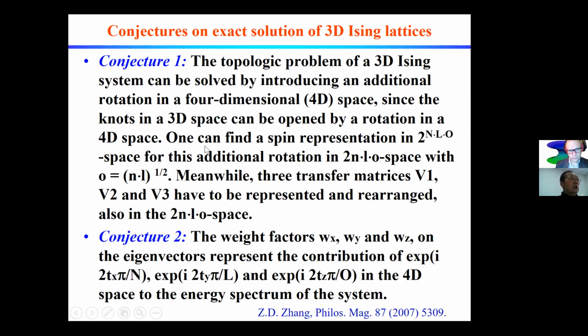So we can apply this to the 3D Ising model to find a spin representation in a very high space for this additional rotation. Then, meanwhile, the three transfer matrices V1, V2, V3 have to be rearranged also in the high space.